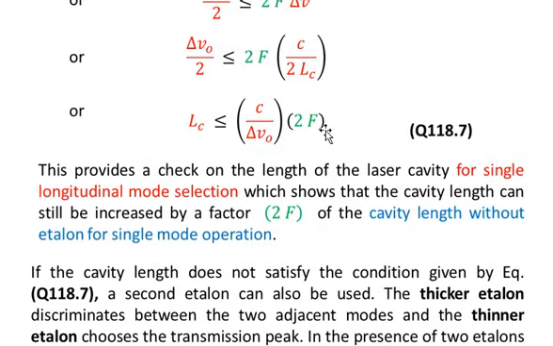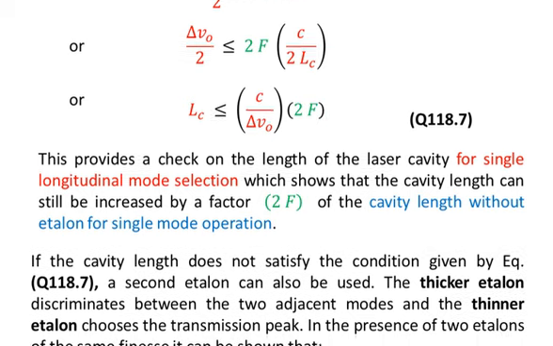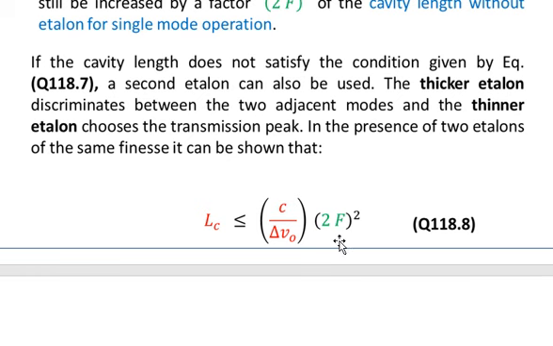You see that if you are using one Etalon, you have 2f over here. But if you are using two Etalons, you have the square of 2f. So this equation 8 provides you more flexibility to increase the value of the laser cavity or the length of the resonator.